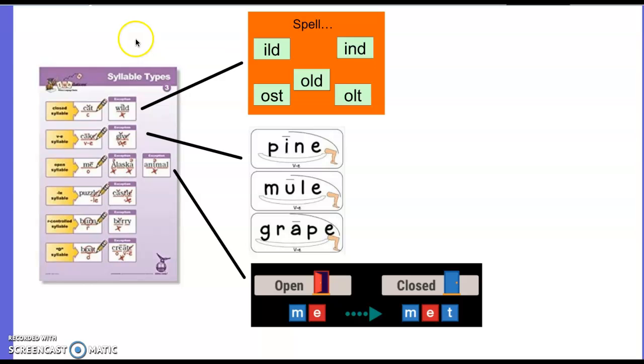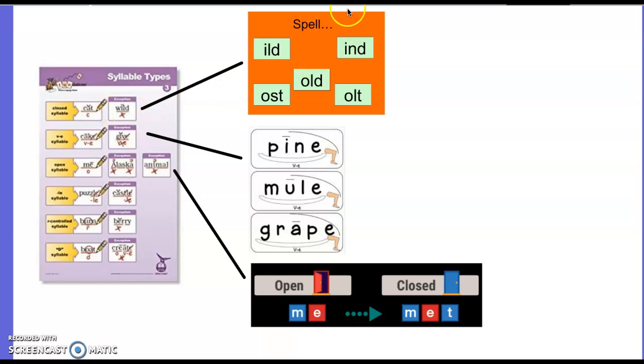All right, so within our Wilson program, we have been talking about different syllable types. The first one we learned about was closed syllable, and that is in words like cat, C-A-T, when two consonants enclose the vowel sound. That is a closed syllable word.